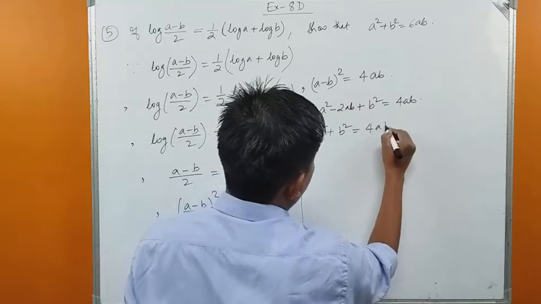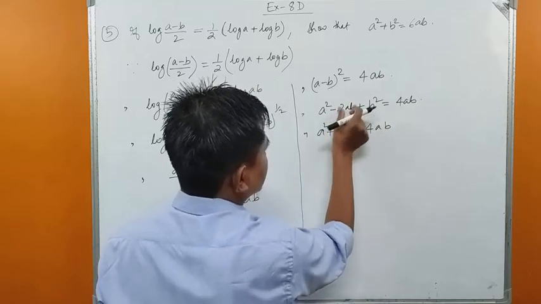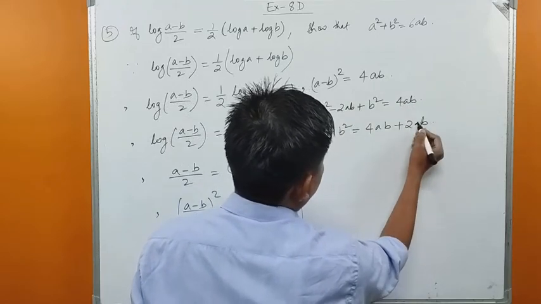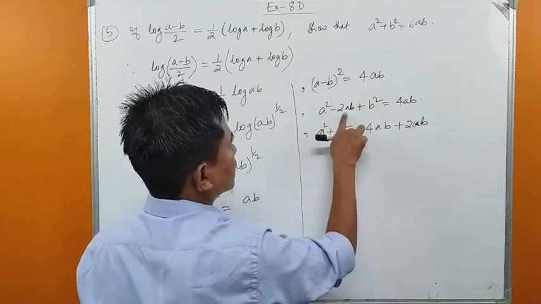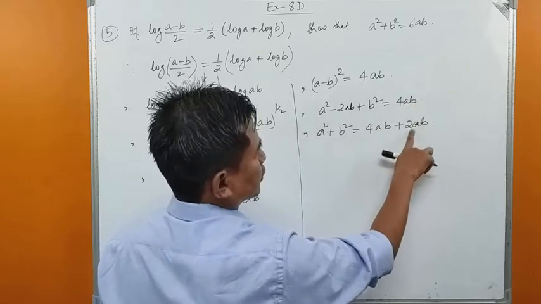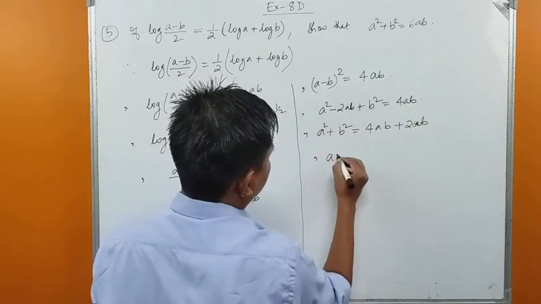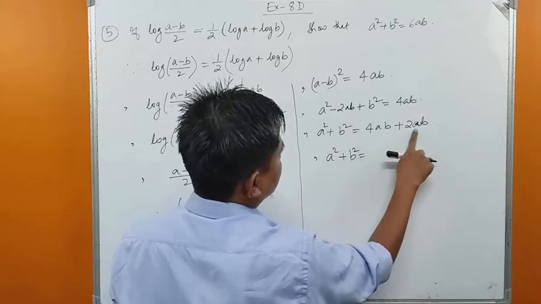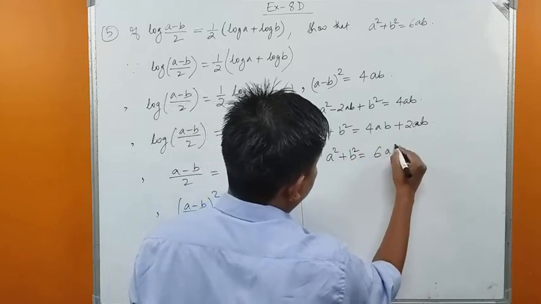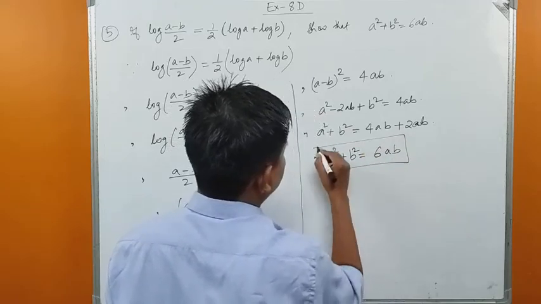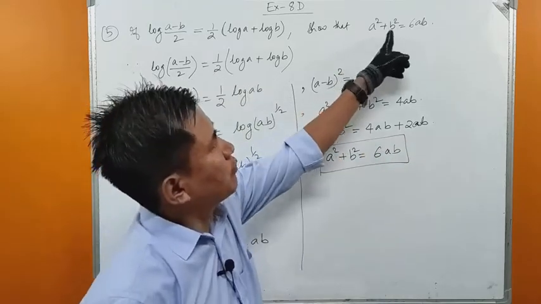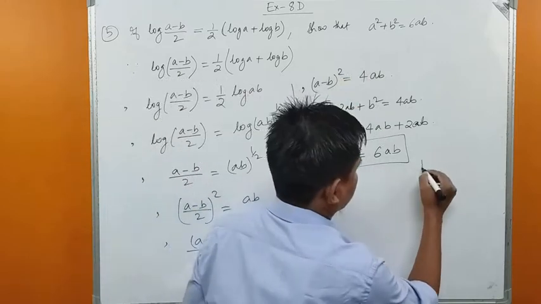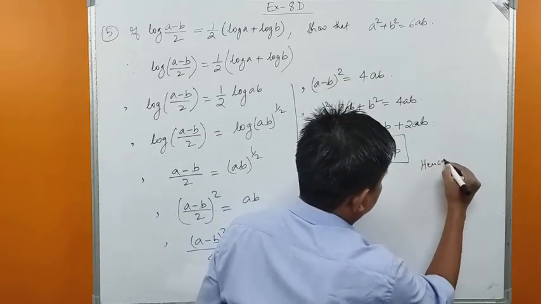So 4ab is already in the right hand side, and minus 2ab goes to the right hand side and becomes plus 2ab. Or a square plus b square equals 4ab plus 2ab is 6ab, isn't it? So this is what we were asked to prove: a square plus b square equals 6ab. Hence proved.